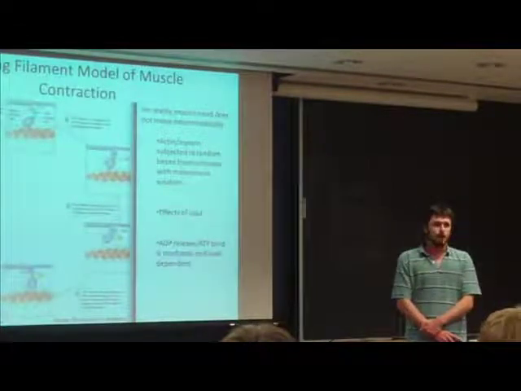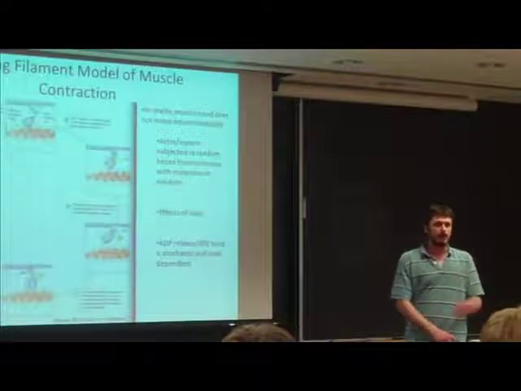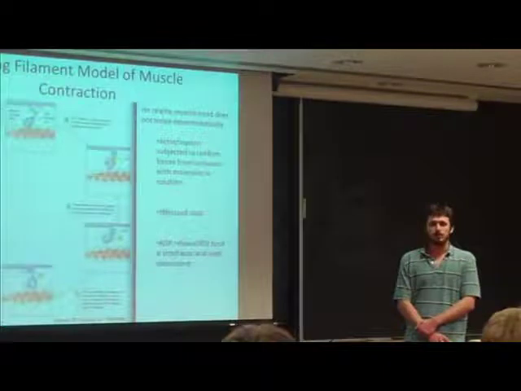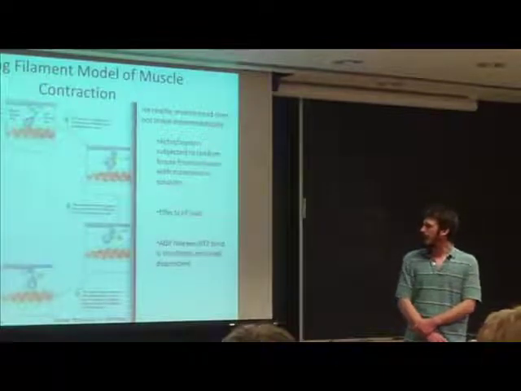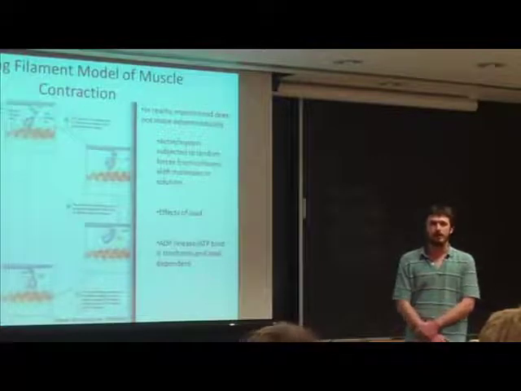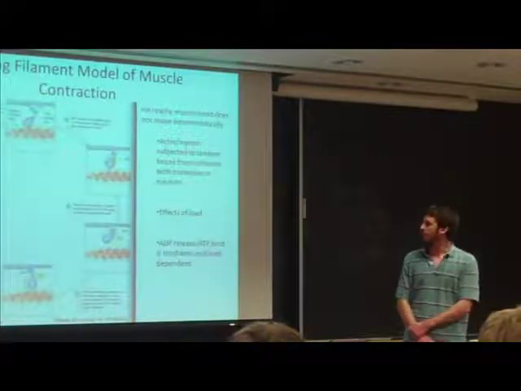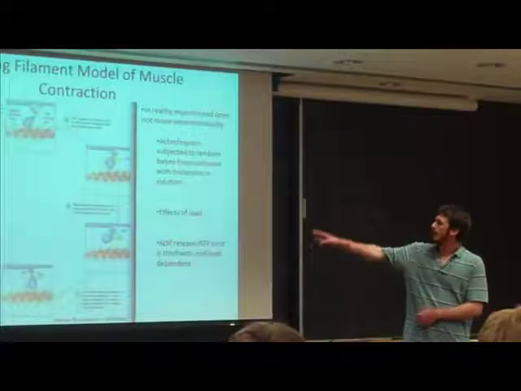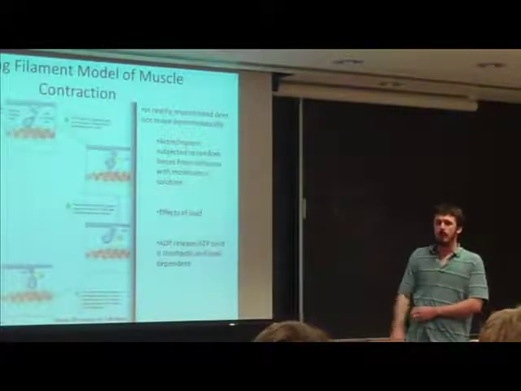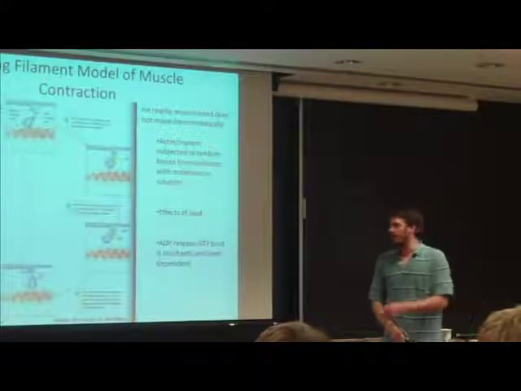We also would like to recognize that the ADP release and the ATP binding, which are really the slow steps of the process, are also stochastic, and there's a dependency there in terms of the rate at which the myosin head moves from the rigor state to the unbound state and repeats the cycle. I'll talk about that a little more in just a moment.